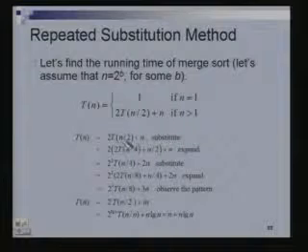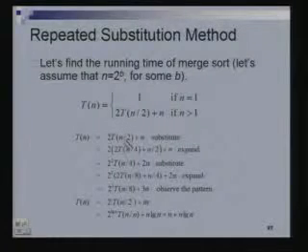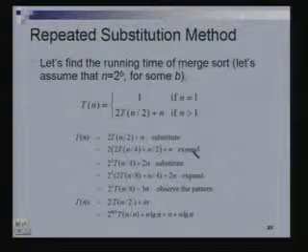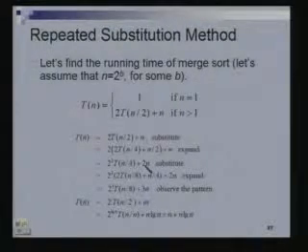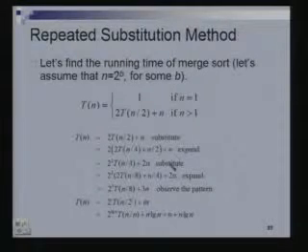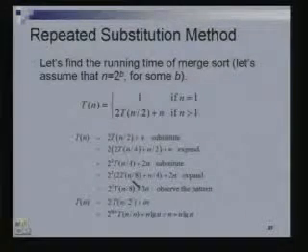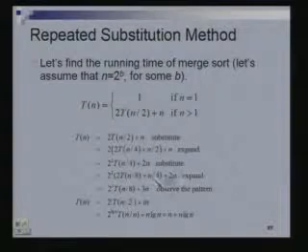Because this is T(n/2). So this part's half comes in here, and this n comes again here, plus n, and now I just expand this, which means I write it as 2 squared T(n/4) plus 2n. Once again I substitute for T(n/4), and I expand to get this.